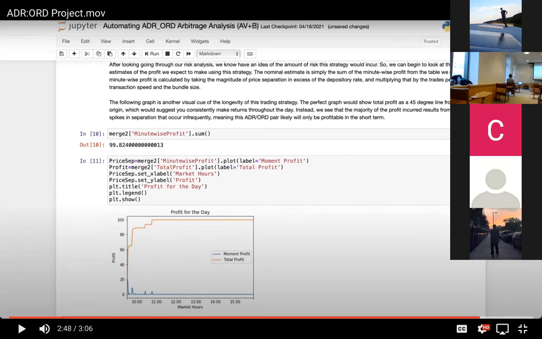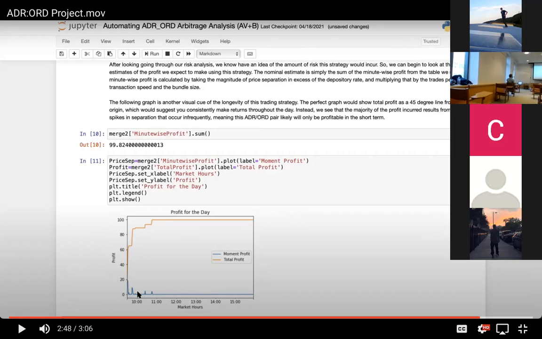If this happens, you would expect some consistent discrepancy above and beyond your depository rate. So you'd expect this blue line, instead of just spiking and then settling at zero, to maybe be consistent at like $1 or $2. And that means that every minute you're making a small amount of money.